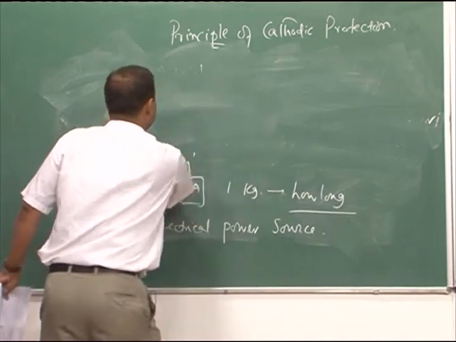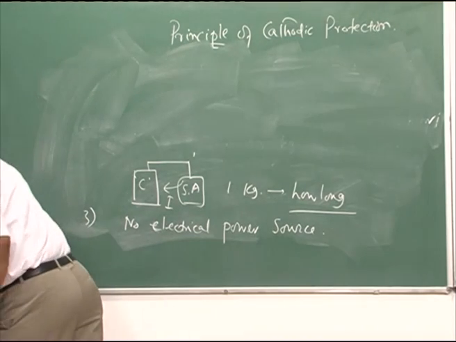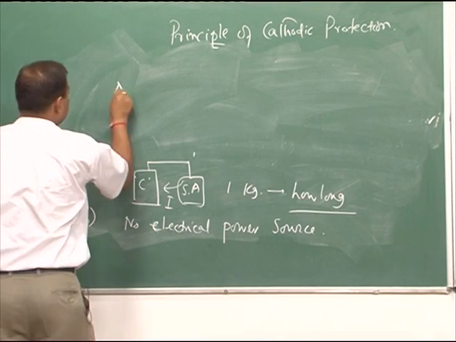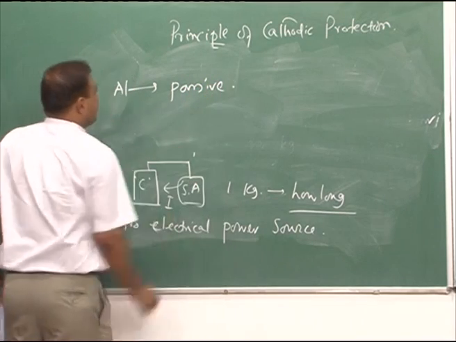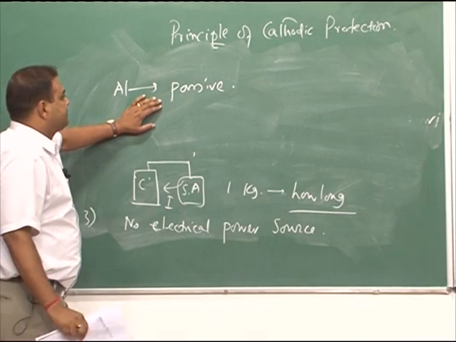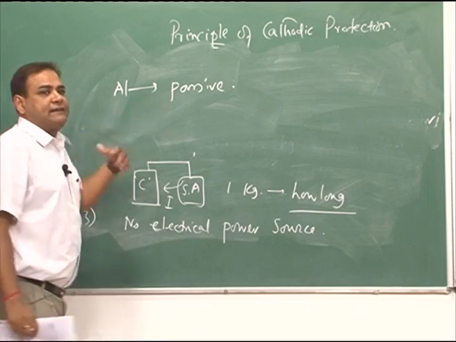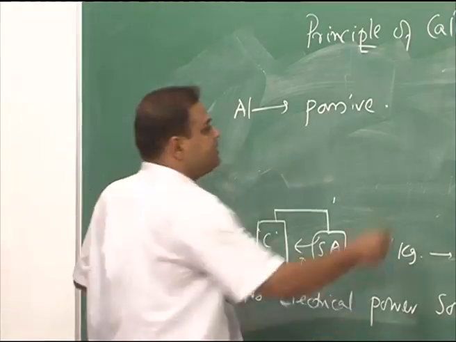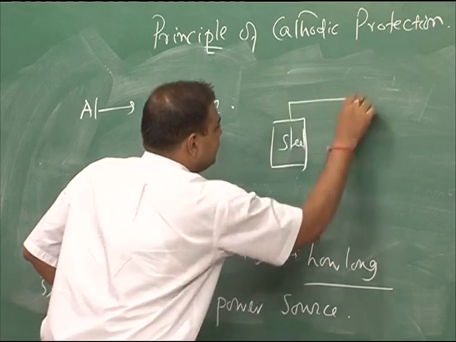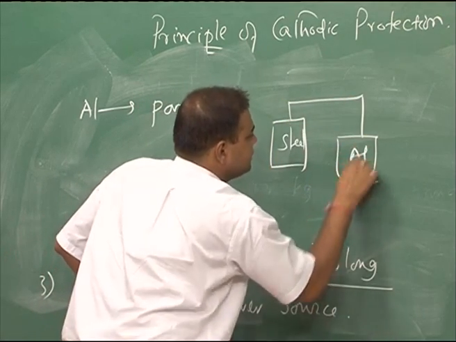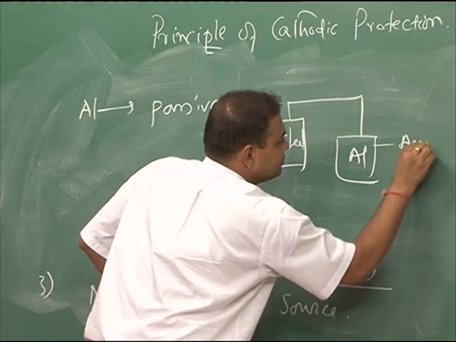Aluminum going passive, in that case instead of acting as anode, it will act as cathode. So, if we have steel with aluminum, this is anode.